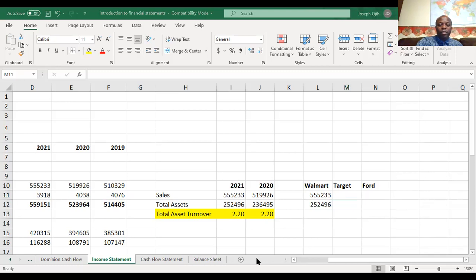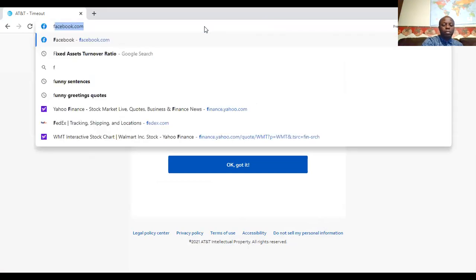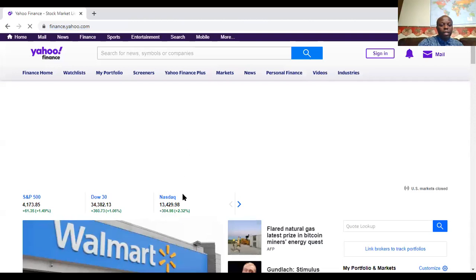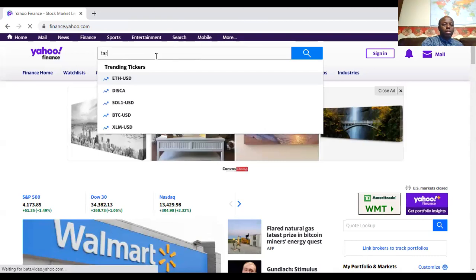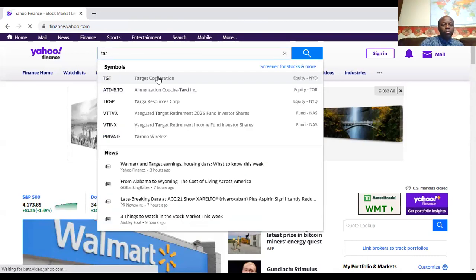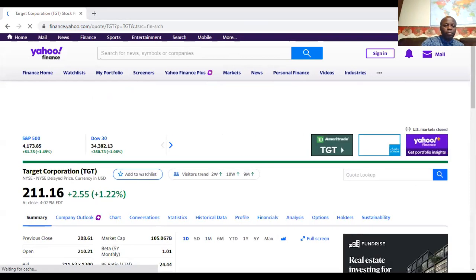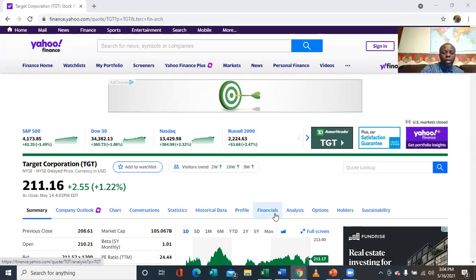We'll take it to finance.yahoo.com, and then we can see what they have there. Target Corporation, you can see it right here. Okay, let's find their financial statements and look at their financials.